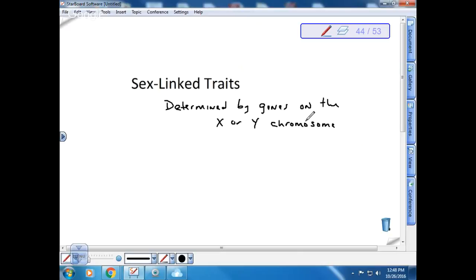Now, the Y chromosome is tiny compared to the X chromosome, and it seems to be getting smaller with evolution. Some people hypothesize it's actually going to go completely away. But the X chromosome is much bigger. It has many more genes, right? So generally, when we're talking about sex-linked, we're talking about X-linked, because the X chromosome has many more genes.